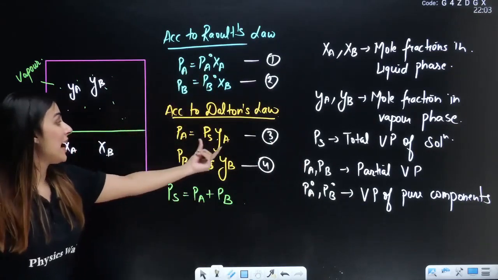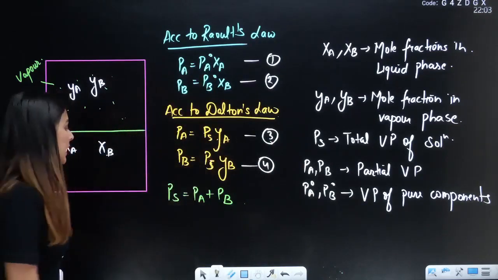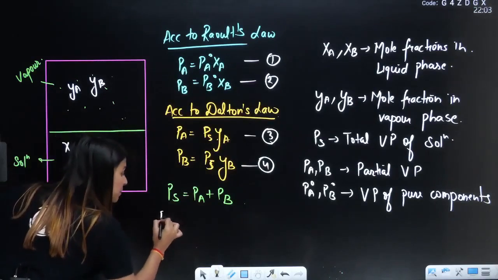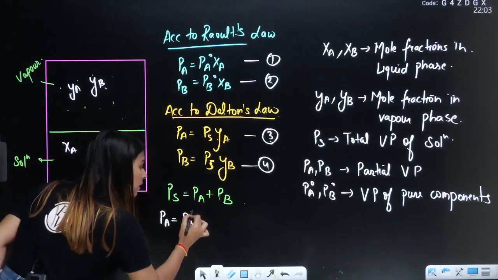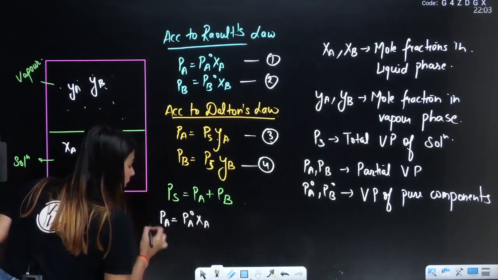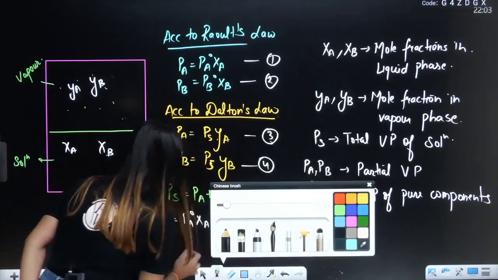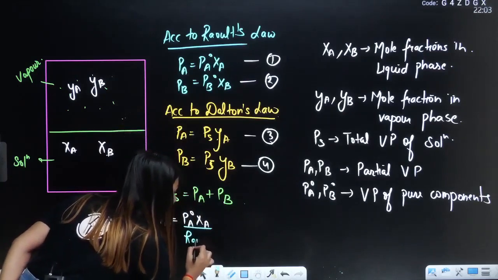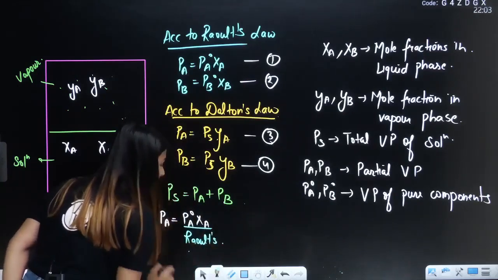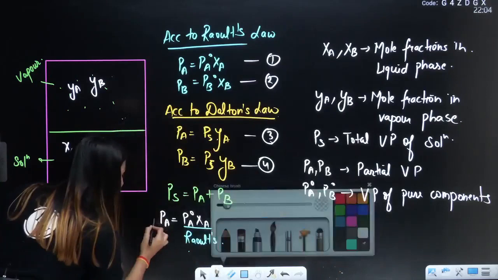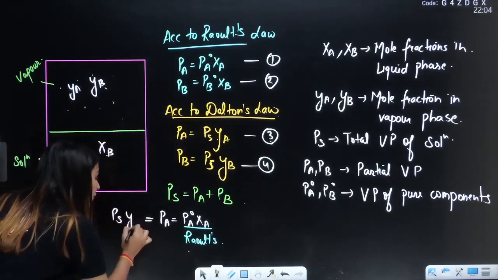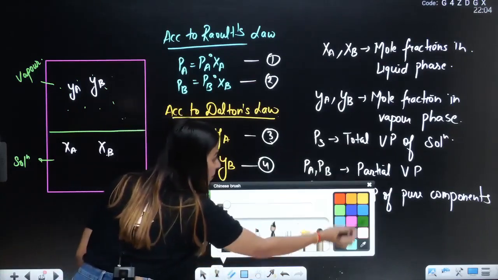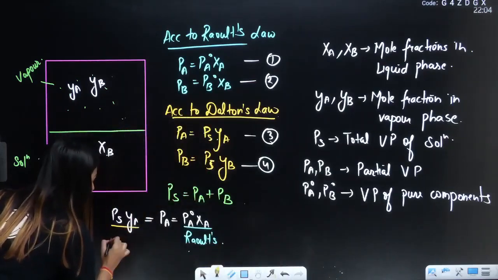From 1 and 3, we can say that this PA is actually equal to PA naught XA, which I calculated from Raoult's. And same PA is actually equal to PS into YA. This I calculated from Dalton.